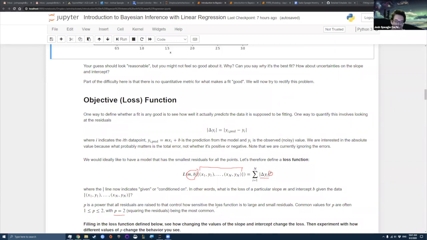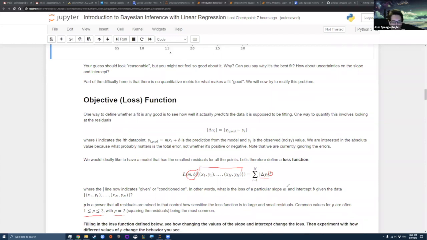But you can imagine that you might just care about having the absolute values, or having P be larger or smaller. In general, this is set between 1 and 2. One thing that is clear is that by changing the power that you raise things to, you change how sensitive the fit is to various residuals. If you make it smaller than 2 and near 1, in particular less than 1, then you're going to take all the residual values and squeeze them closer to 1, so you'll be less sensitive to larger residual values.